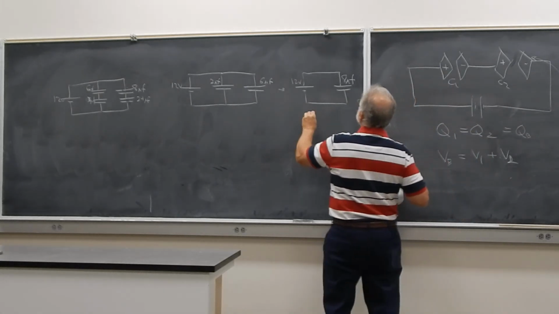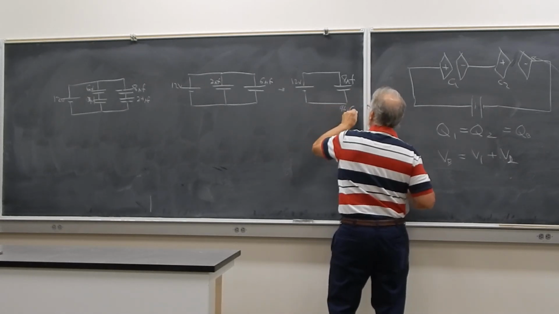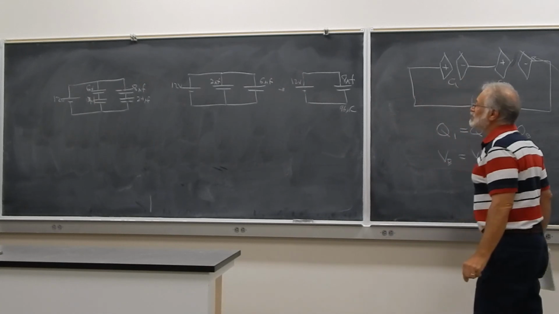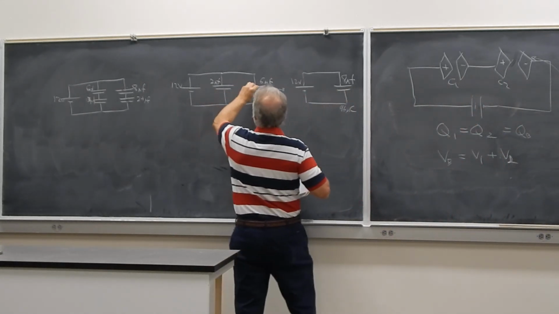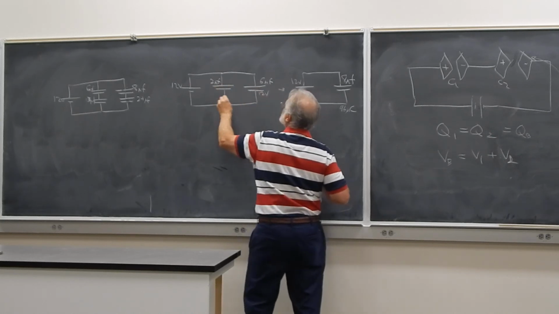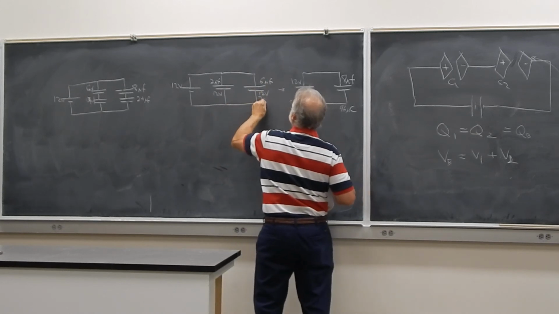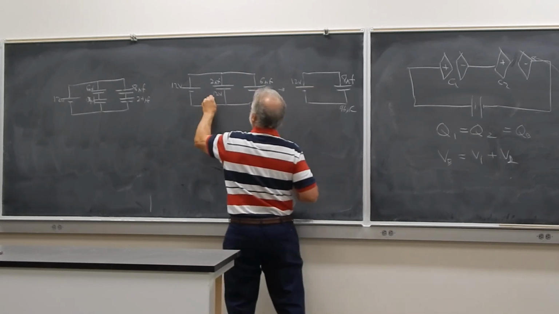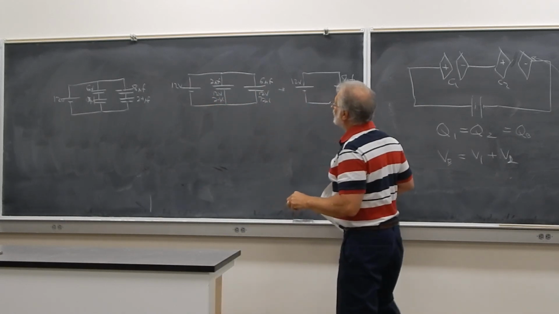The total charge would be 96 microcoulombs. The voltage would be the same, 12 volts here and here, because these guys are in parallel. This will give me 72 microcoulombs. This will give me 24 microcoulombs to add up to 96 microcoulombs.